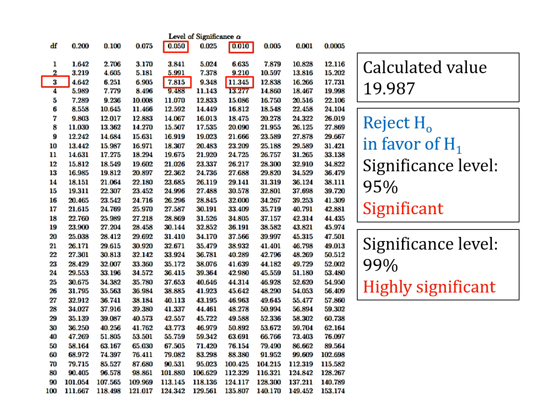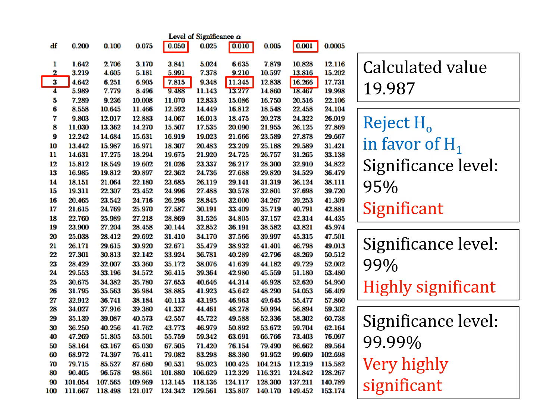So this result is highly significant. And now we move on to our next level of critical probability, which is 0.001. Here we can see that our calculated value is also greater than this value. This is 16.266, the table value at the 0.001 significance level of 99.99%.